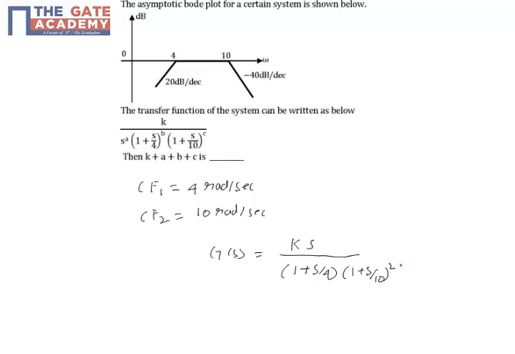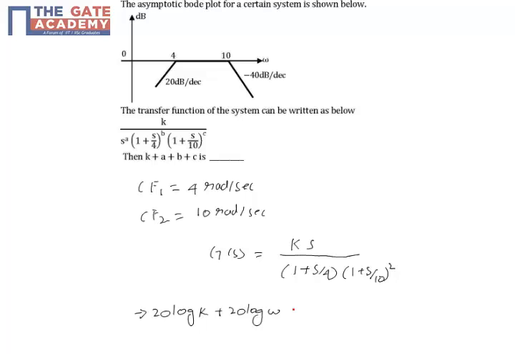Now initially before a frequency of 4, we will have the contributions of only the gain k and s, because the contribution of a particular factor will come into effect only after its corner frequency. So before omega equal to 4 radians per second, the gain of this particular Bode plot will be 20 log k plus 20 log omega.